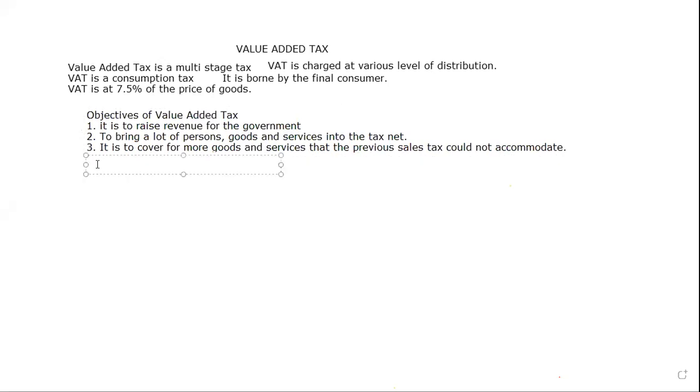The next thing you need to know is VAT-able persons. By VAT-able persons, what we mean is who are those people that should be subjected to tax, or who are those people who are liable to taxes.